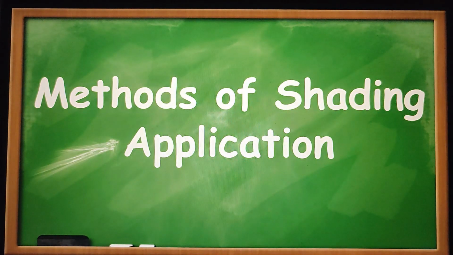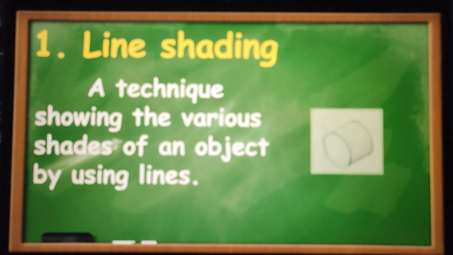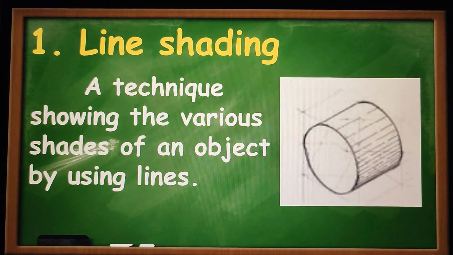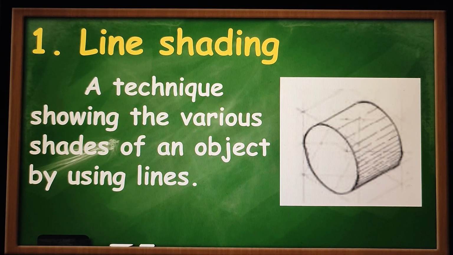Let's proceed to the methods of shading application. The first one is line shading. It is a technique showing the various shades of an object using lines. If you notice on our object, we use lines.